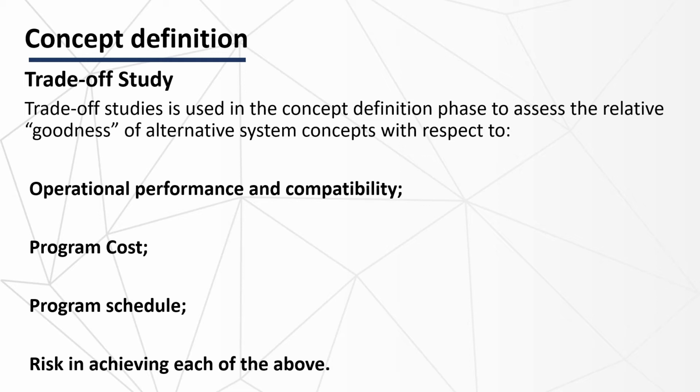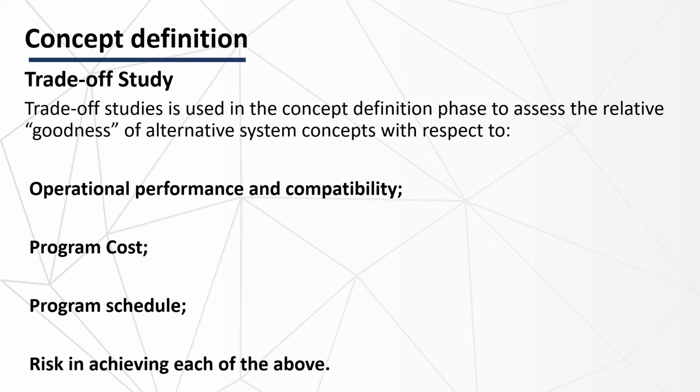So what is the definition of a trade-off study? The trade-off study is used in the concept definition phase to assess the relative goodness of an alternative system concept with respect to several parts. The first is operational performance and compatibility. The second is program cost. The third is program schedule. And the fourth is the risk in achieving each of the above.